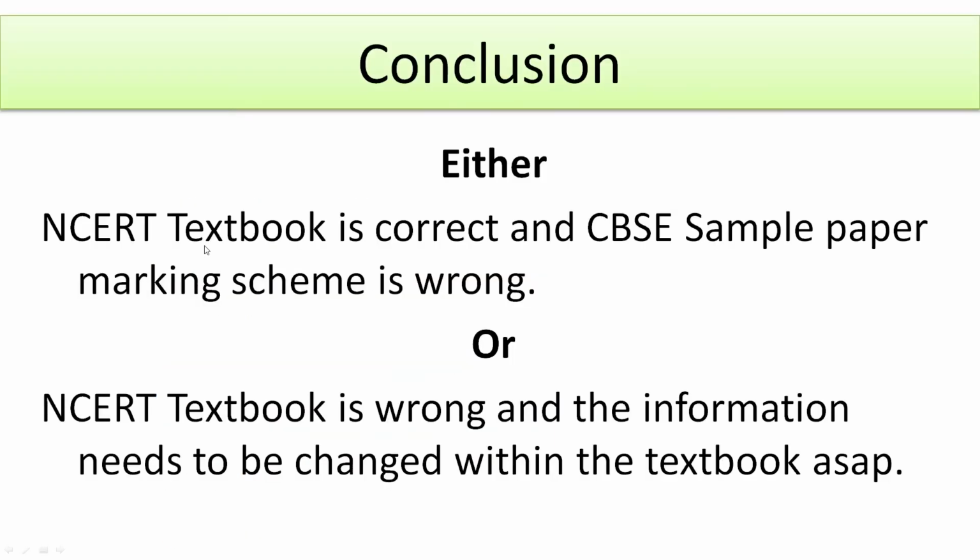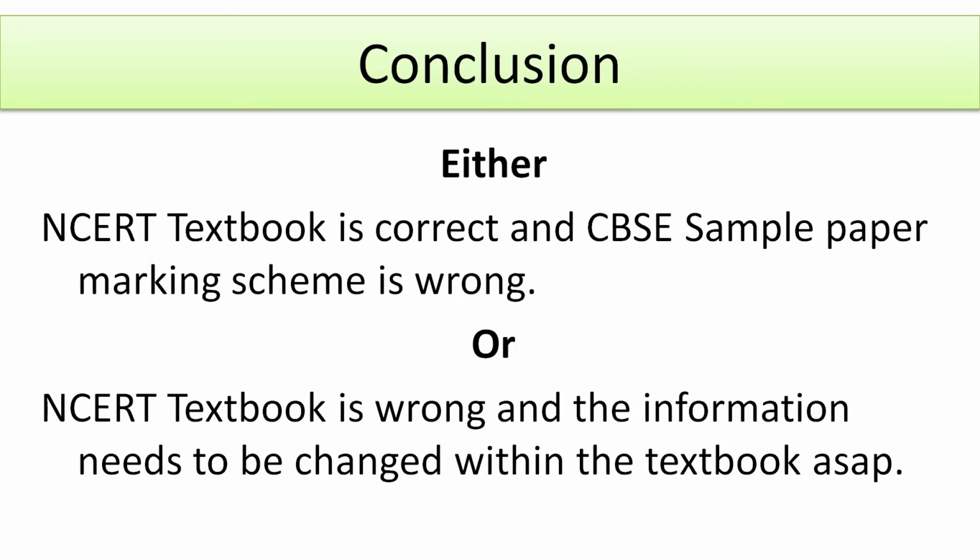Either the NCERT textbook is correct and the CBSE sample paper as well as the information provided on Google are wrong. Or we can express our audacity and say that the NCERT textbook is wrong and the information needs to be updated within the textbook as soon as possible. These are the two conclusions that I can draw regarding this confusion.